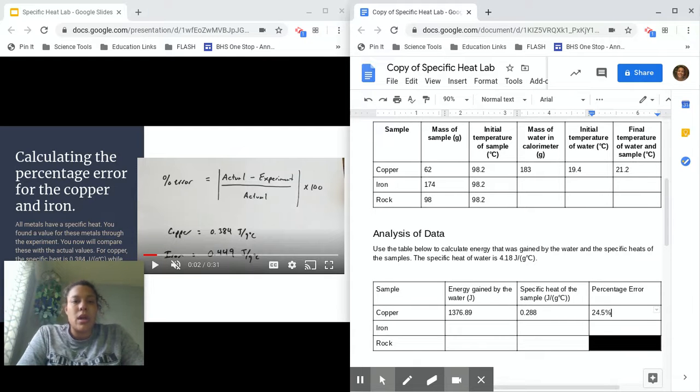So hopefully that gives you an idea of what you are expected to see. And again, there is some differences that you could have in some of the initial temperatures and things like that. Just take your time with the videos. Be diligent about picking out good data, and you should be just fine.